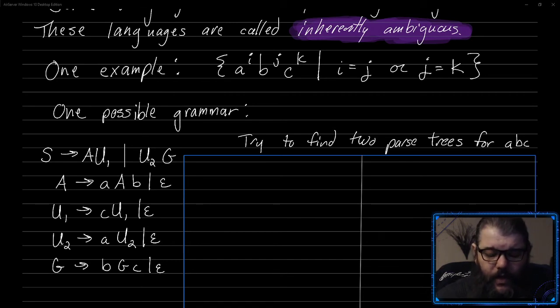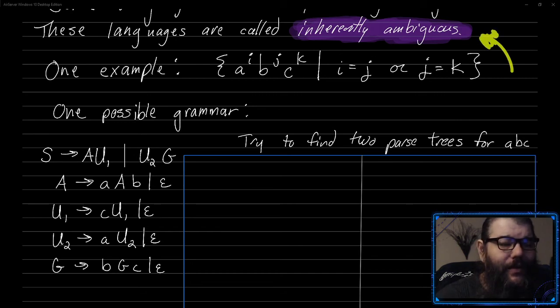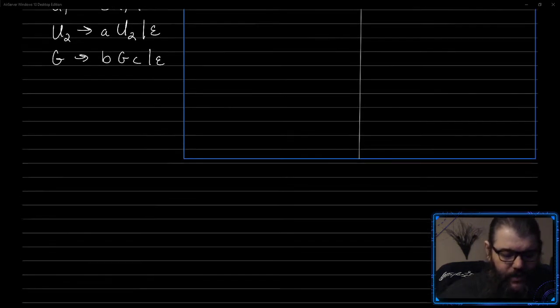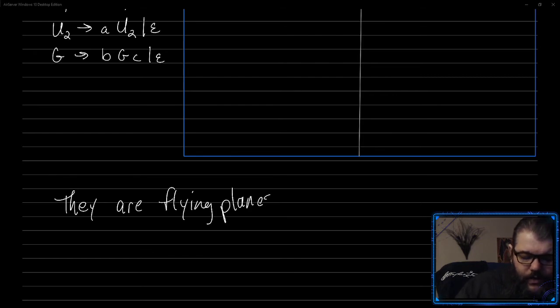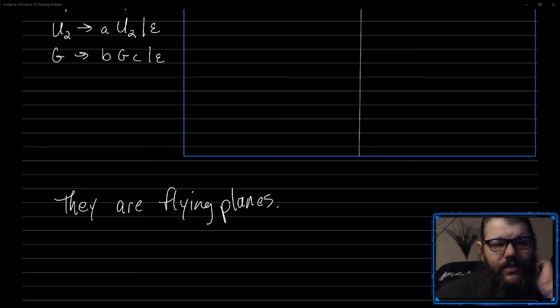I point this out because while it's really fun to have ambiguity in English, it's probably not great for your programming languages, but it happens all the time in natural speaking. For example, if you write this sentence, they are flying planes, and you try to break down what does this mean?